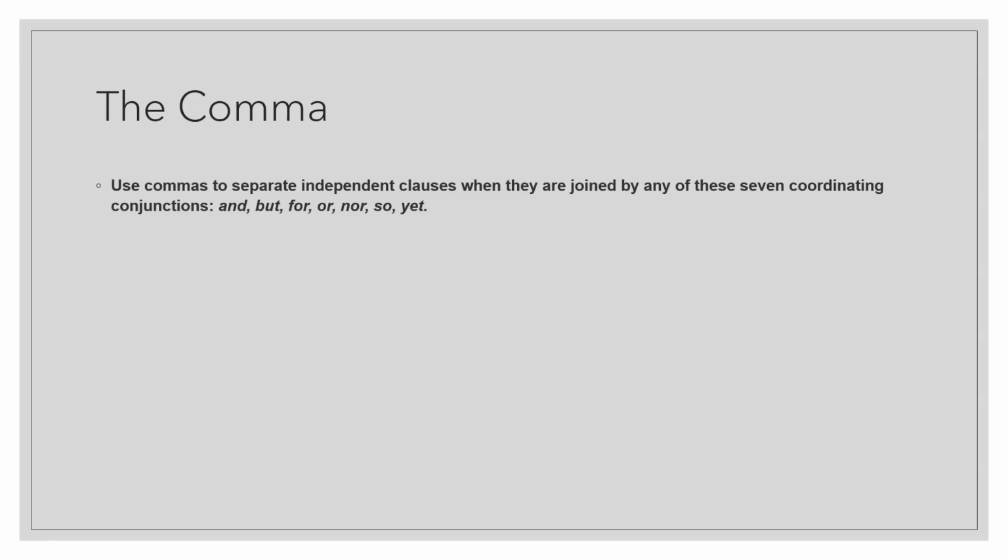The way to remember this is to think of the word fanboys, Fanboys, which stands for for, and, nor, but, or, yet, and so. Anytime you have a sentence where you're using these conjunctions and you have what could be its own little mini sentence on either side, you use a comma before that connecting word.